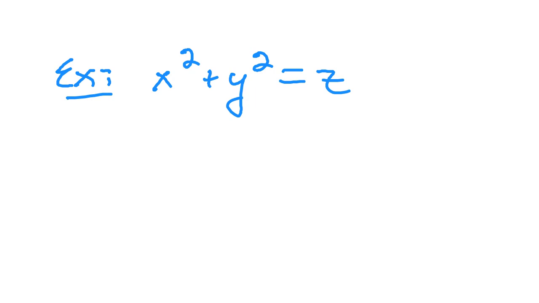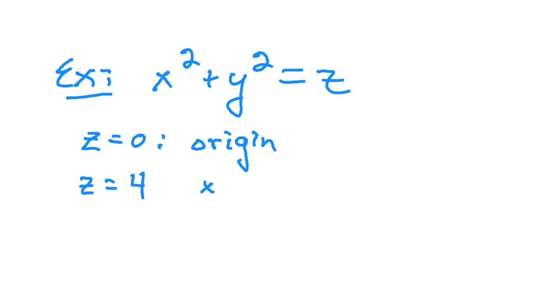Well, we have different things. If z equals 0, what do we got? We have the origin, right? So we got x squared plus y squared equals 0. So that's the origin. And what if z equals, let's say z equals 4?